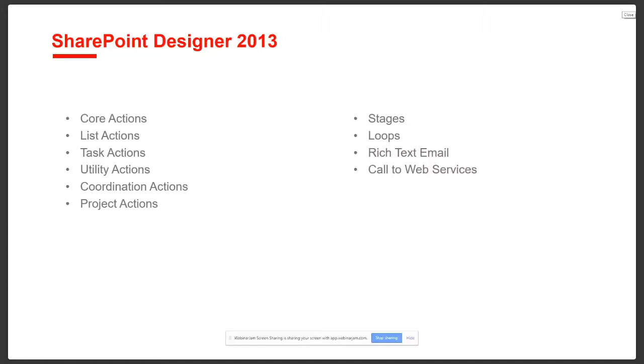Task actions are going to be things like assigning tasks and starting task processes. So when you have your SharePoint workflows, usually you have the option to assign a task list around it, and to interact with that, you'll need to use the task action.